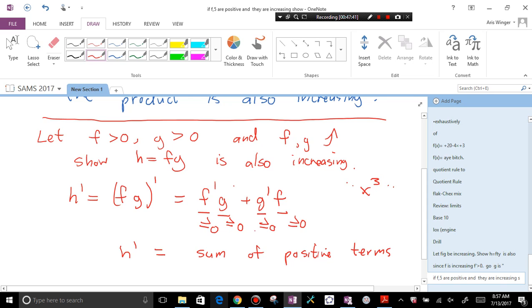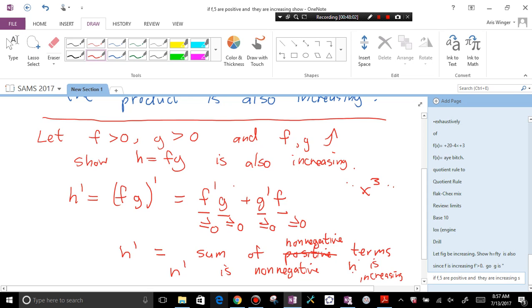So H prime is the sum of non-negative terms, and so H prime is non-negative, and so H is increasing, or non-decreasing.